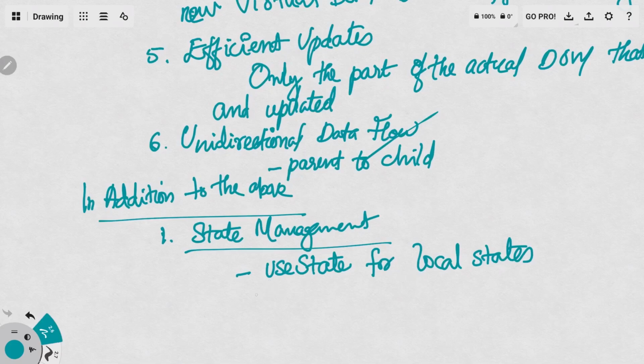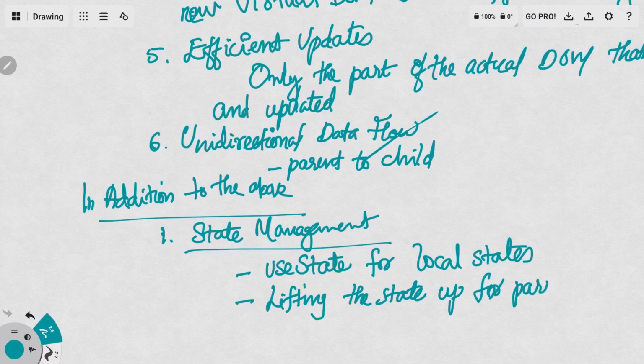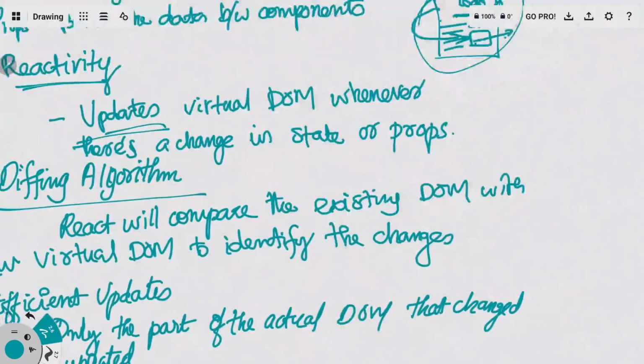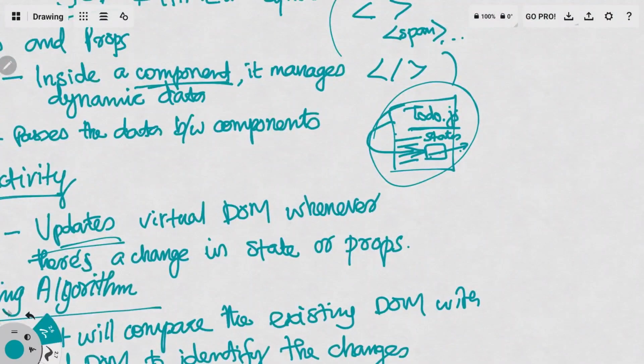The second thing is lifting the state up for parent-child communication. What is this? Previously we said that in React, data flows in only one direction, from parent to child. But here we are saying, lifting the state up for parent-child communication means the state will be passed from child to parent. How is that possible? We already said it is possible only from parent to child.